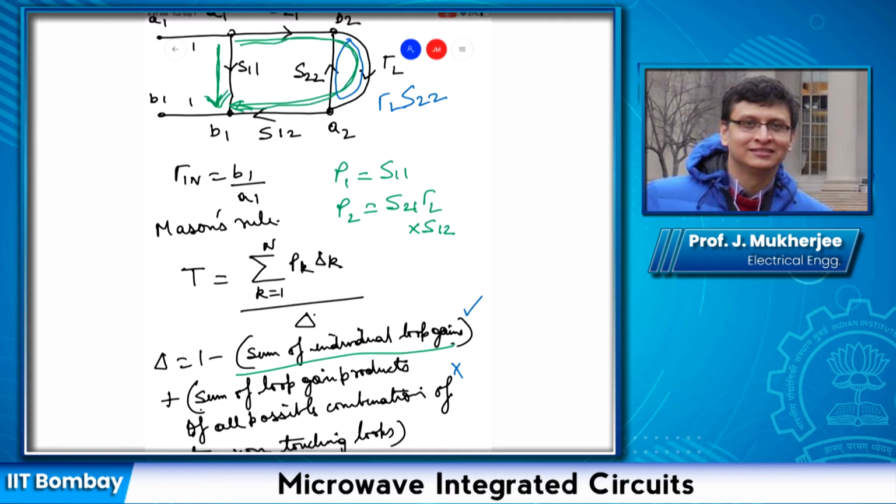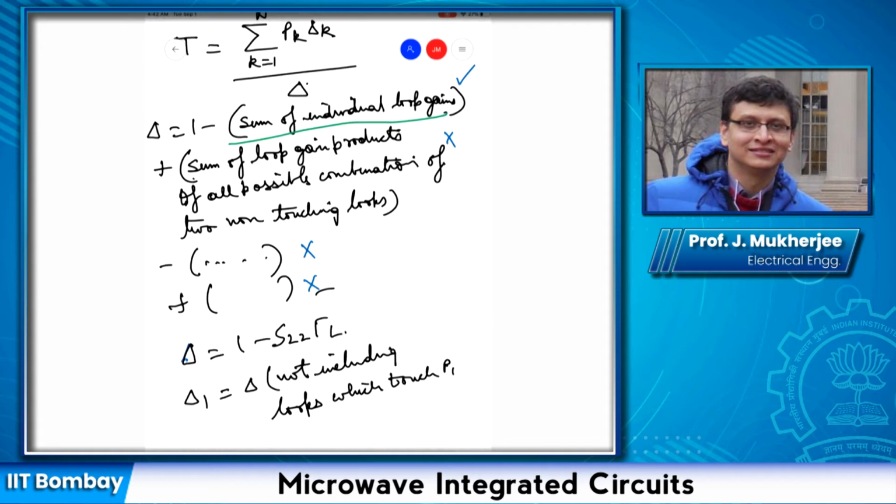So delta 1 will be that value of delta obtained if we consider only loops that are not touching this path. In this circuit there is only one loop, and this loop doesn't touch this path. So delta 1 is the same as delta, and that is equal to 1 minus S22 gamma L.